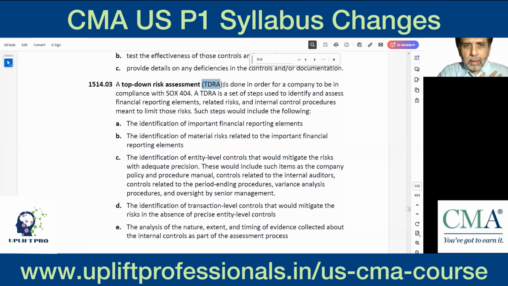Internal control and technology, section F, these are the two areas why part 1 has got low results compared to part 2, because the choices are very close to each other. You cannot make out which is the right one, and you have to select the best.